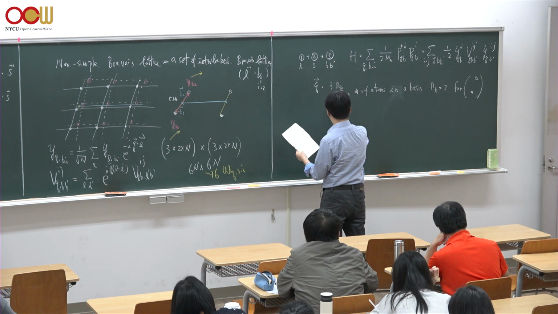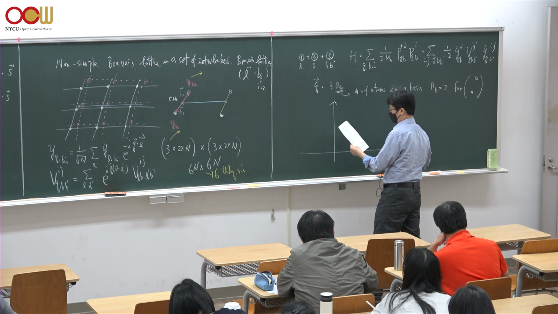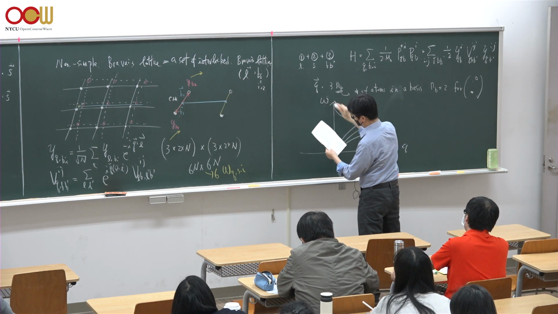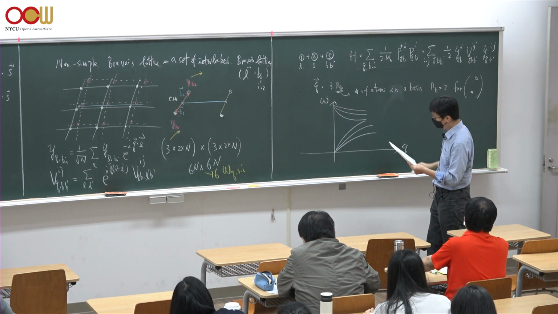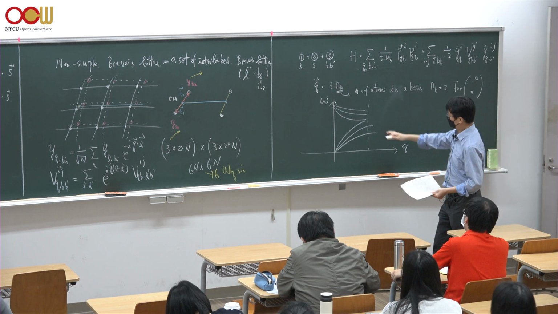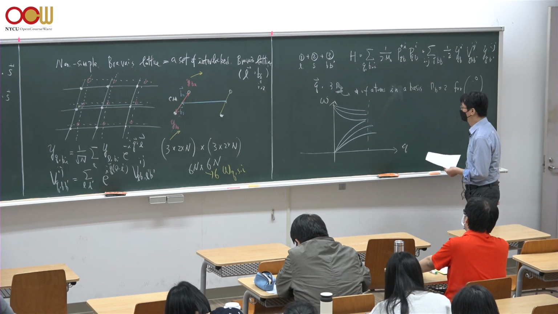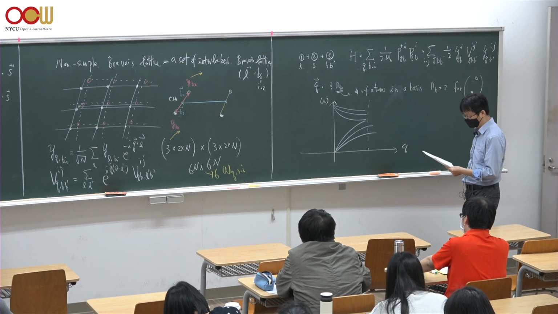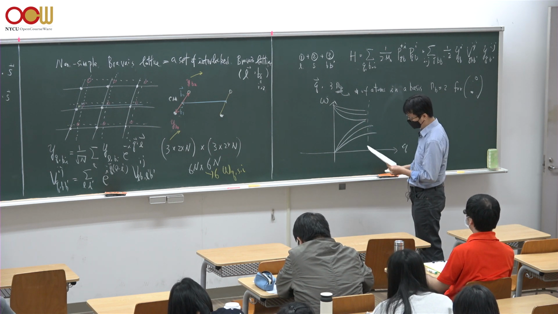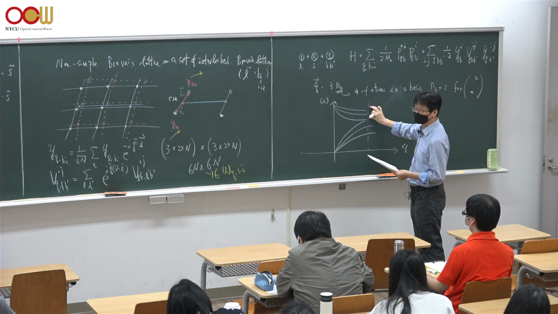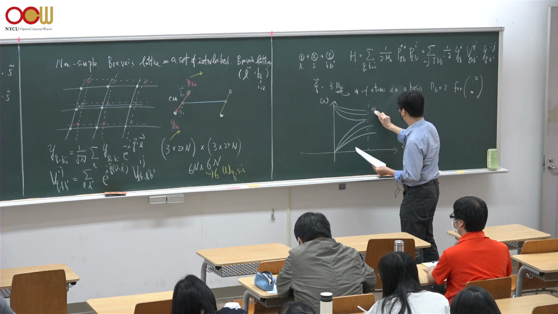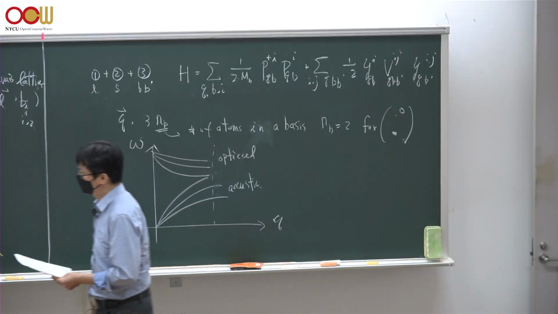Then we could plot six branches of this phonon dispersion, and we'll take a short break. When we come back, we will classify all these six phonon dispersions: we call the lower three branches acoustic, and the upper three branches optical phonons. Let's take a short break.